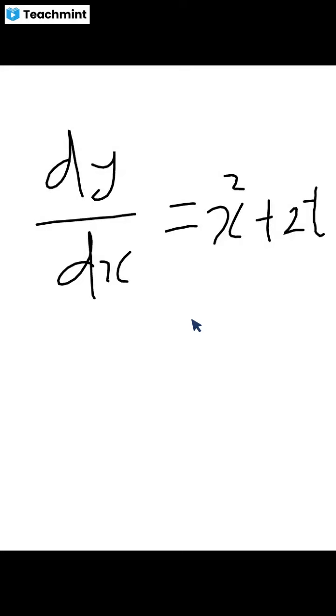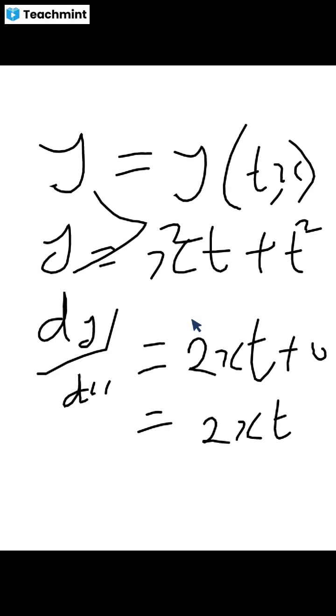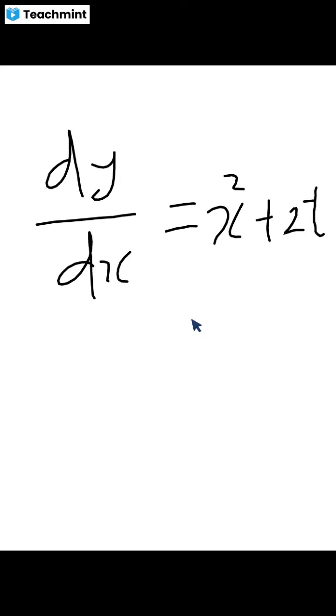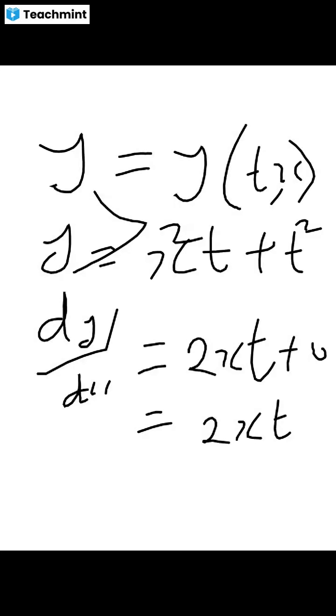Dy dt, I'm sorry, we have differentiated dy dx, and dy dx gave us 2xt. Now we are differentiating dy dt. I'm very sorry. dy dt is the derivative of y with respect to t.